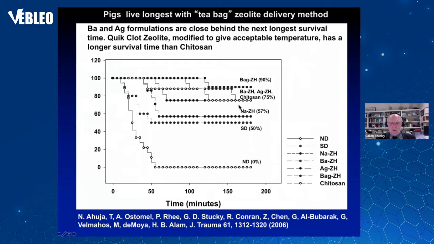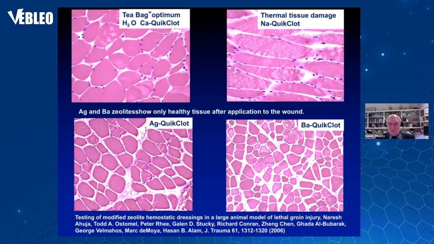And that was also part of the study done in this publication that we did in 2006. And the issue, of course, is that you can apply heat, but what does it do to the cells? The tea bag optimum water calcium QuikClot that we first worked on worked out quite well.